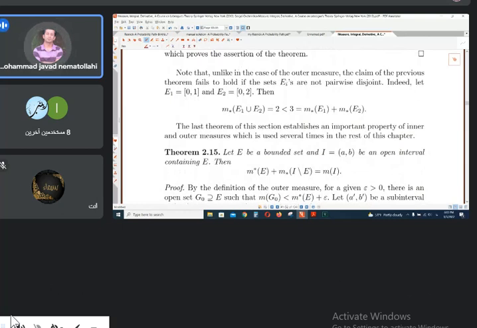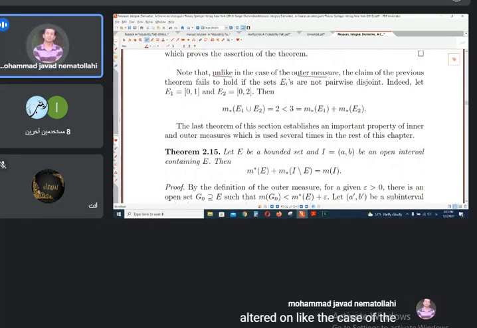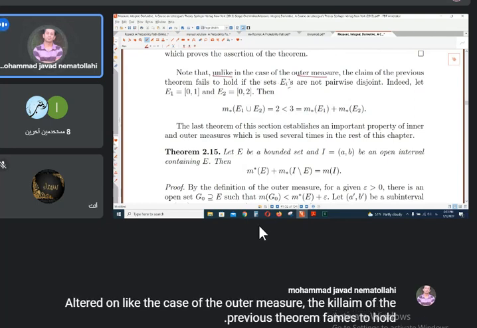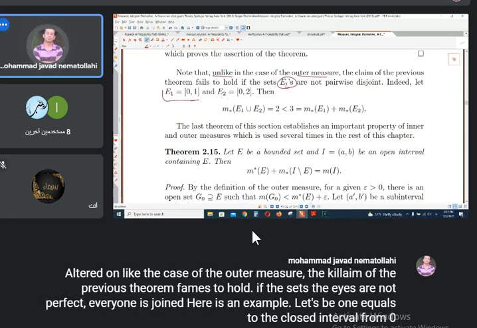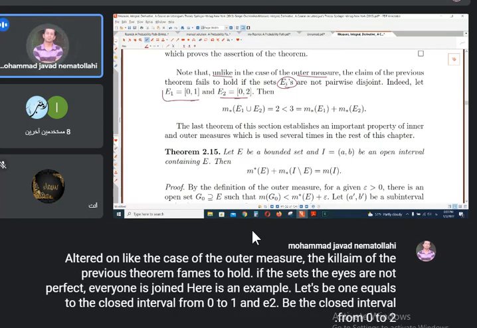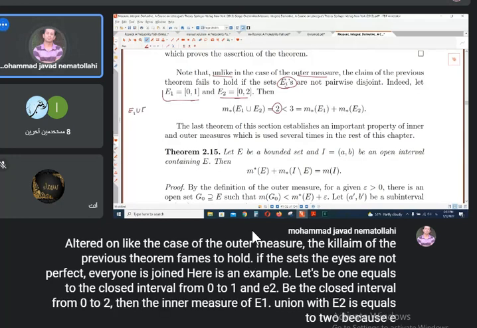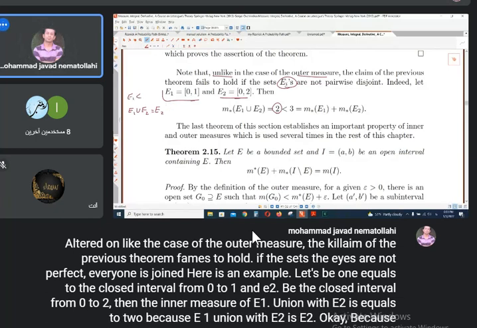And note that unlike the case of the outer measure, the claim of the previous theorem fails to hold if the sets E_i are not pairwise disjoint. Here is an example. Let E1 equal the closed interval from 0 to 1 and E2 be the closed interval from 0 to 2. Then the inner measure of E1 union E2 is equal to 2, because E1 union E2 is E2, since E1 is a subset of E2.